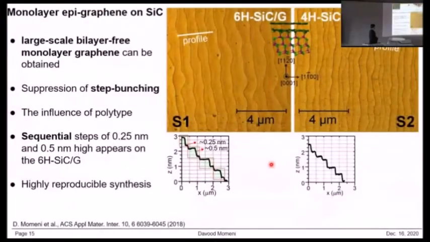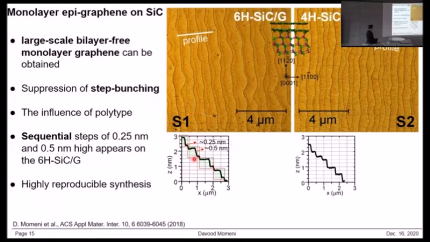So now let's have a look at the epitaxial graphene samples. Here you see two exemplary samples on 6H and 4H silicon carbide. From the atomic topography of the samples, you can see that the steps are again very homogeneous and uniform on both substrates, which again indicates uniform graphene fabrication.